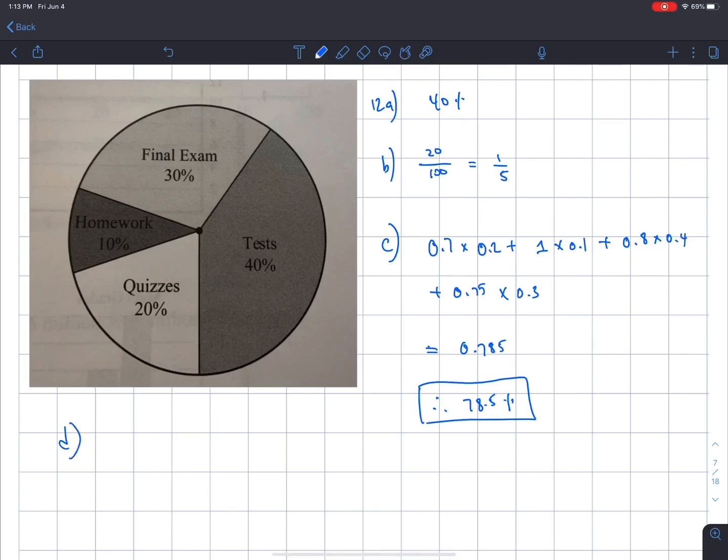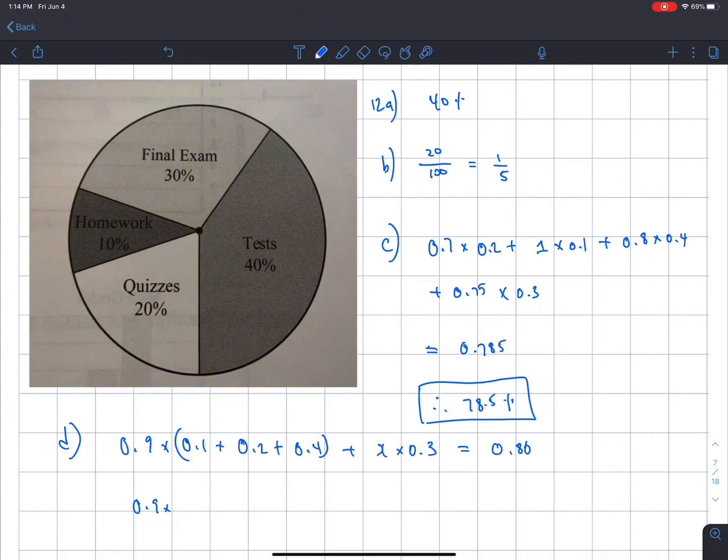And then D, if a student averaged 90% on homework, quizzes, and tests, what must he score on the final exam to have a final grade of 86%? So we have 90% on homework, quizzes, and tests. On the final exam, he is going to score x, times 0.3, since the final exam accounted for 30%. We want this to equal 86%, which is 0.86.